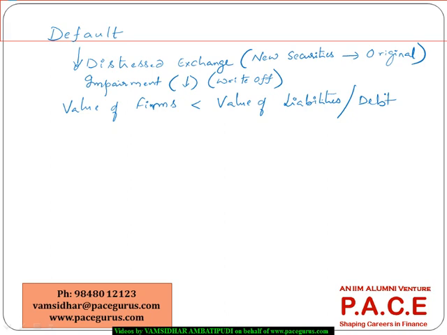Whenever the value of the equity of the firm is either zero or negative, that is an indication of default. But even without a default, we can talk about impairment, the value of the assets going down, the value of the assets getting written off.